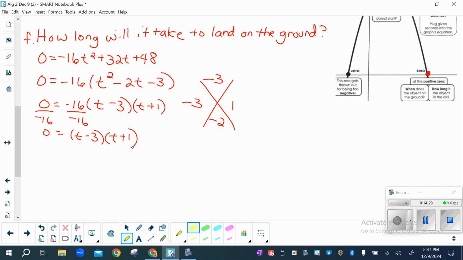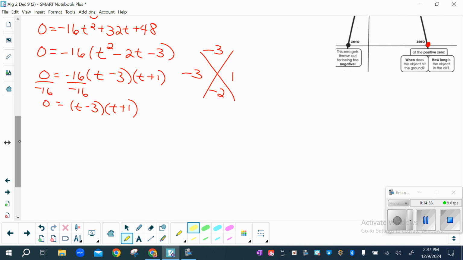We use our zero product property. T minus 3 equals 0 and t plus 1 equals 0. What do we get for our answers? We get 3 and negative 1.